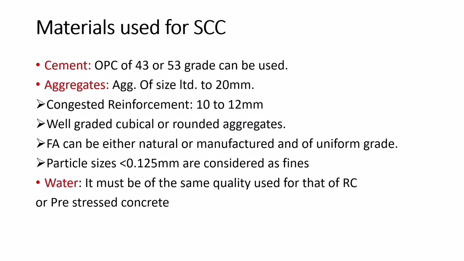Fine aggregate can be either natural or manufactured and of uniform grade. Particles of size less than 0.125 mm are considered as fines. Water must be of the same quality used for reinforced concrete or pre-stressed concrete.